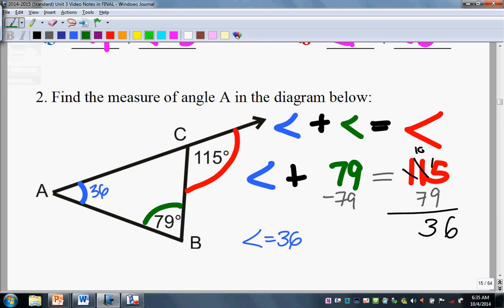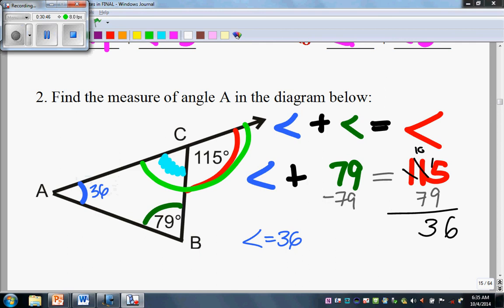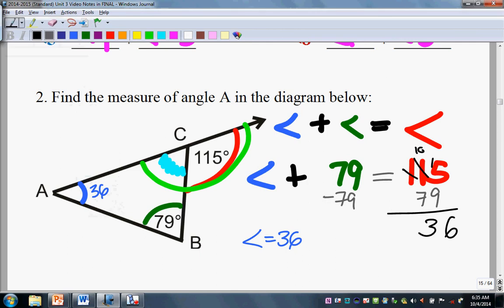And for this one, share a spine, make a line. So this light blue angle is going to be 36. That's not 36. Hang on just a second. Yes, it is 36.